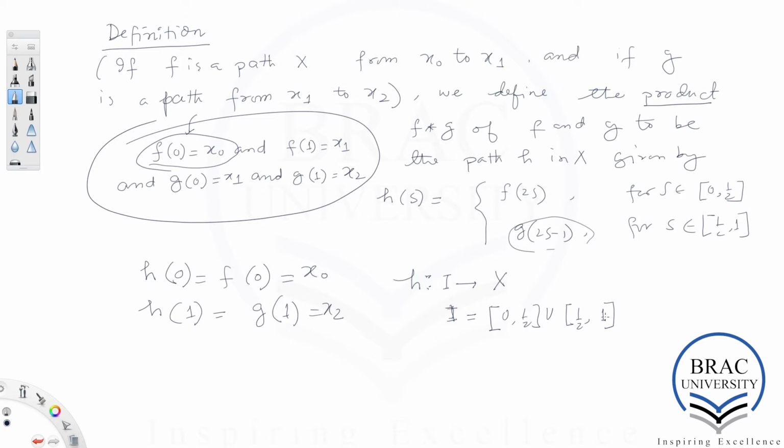Okay, and f is a continuous map from this interval to X, since f is a path, and g(2s minus 1) is a map from this interval to X, since g is a path.